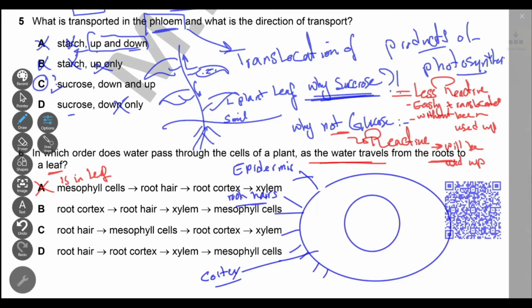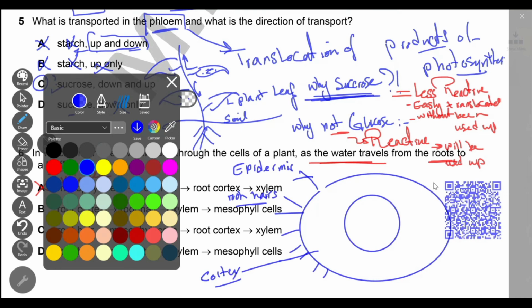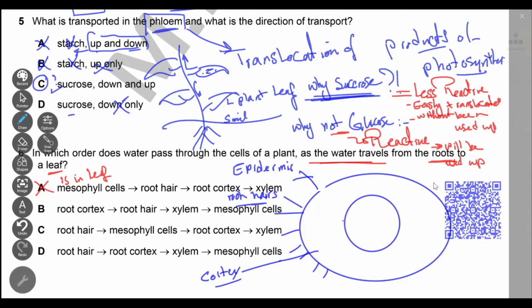Yes, then the magic happens. This is known as a vascular cylinder, or a stele.